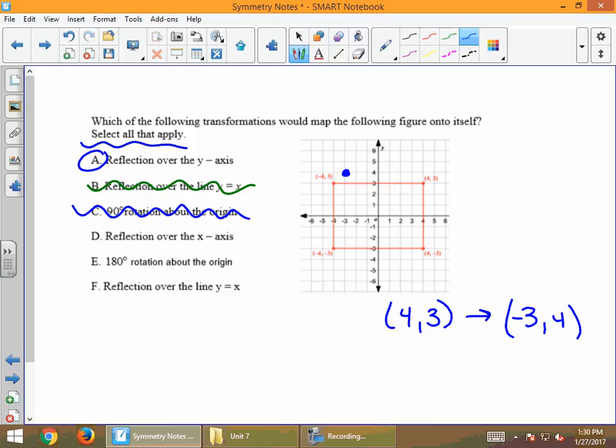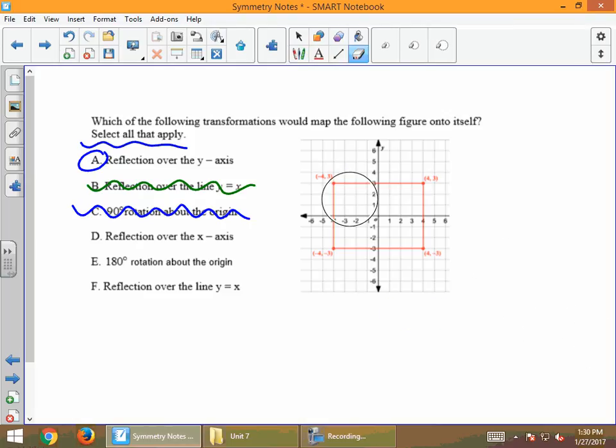Then you go down your list. Reflect over the x-axis. Pick any point. Which point do we want to use? Doesn't matter. It has to be one of the vertices. I'm going with -4, 3.